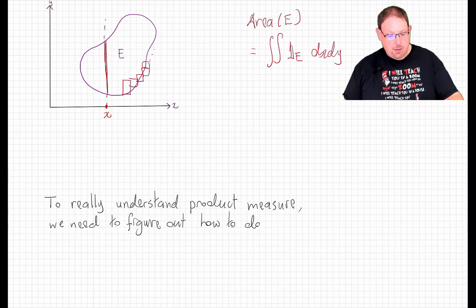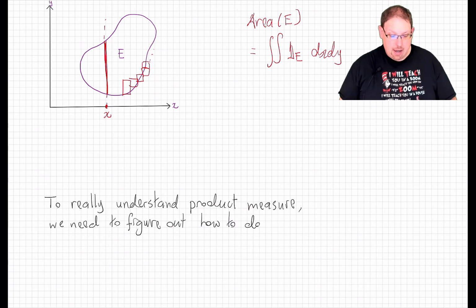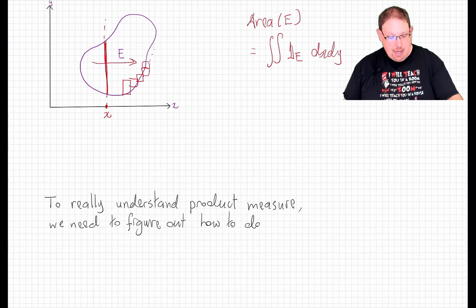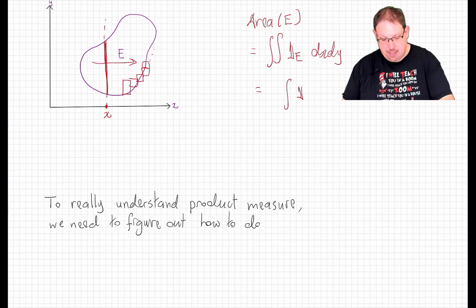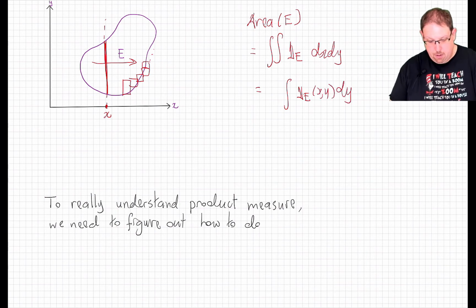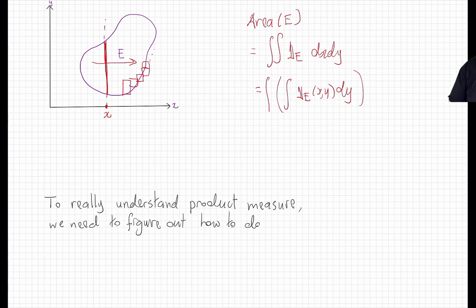And then I will integrate the constant function 1 along this vertical line to get the length of that line, and then integrate that function, which represents the lengths of those lines, as x varies. So the way I wrote that, that's the integral of the indicator function of x and y with respect to y, then integrated with respect to x.